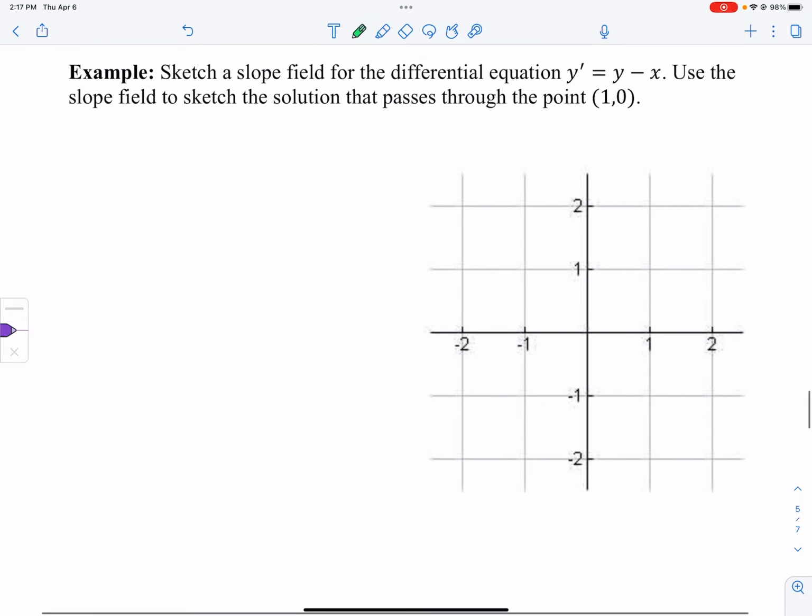So if we did that, setting y prime equal to 0, we would get when x is equal to y. So that would be like 1, 1, 2, 2, 3, 3, negative 1, negative 1. Or along the line y equals x is where we would have horizontal tangent lines.